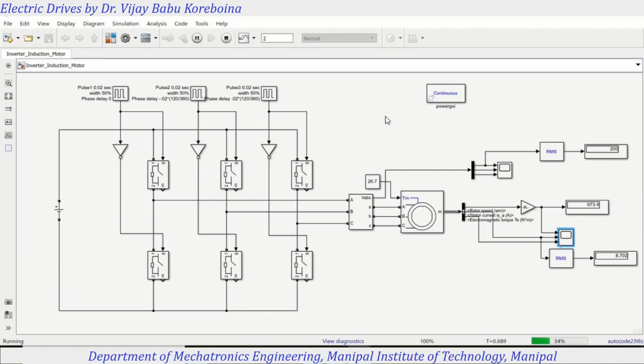So this is V/f control. How do we achieve V/f control? Using an inverter. This is one of the preliminary simulations that you can try. You can do it on your own, with the same motor that we used.